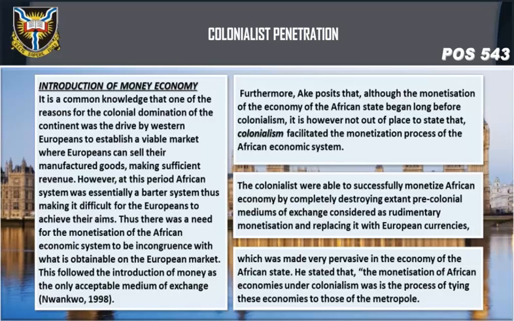The colonialists were able to successfully monetize the African economy by completely destroying the extant pre-colonial media of exchange, considered as rudimentary monetization, and replacing them with European currencies, which were made very pervasive in the economy of the African states. He stated that the monetization of African economies under colonialism is the process of tying these economies to those of the metropole.